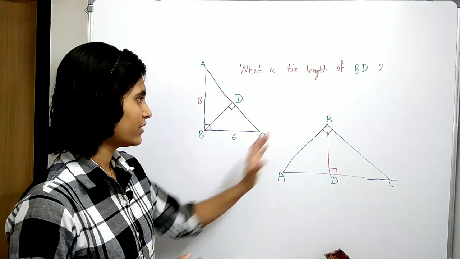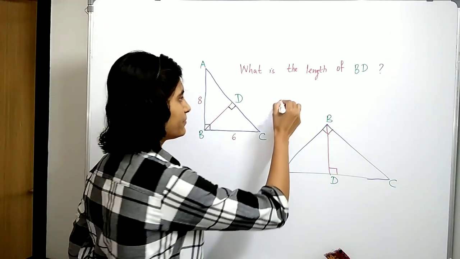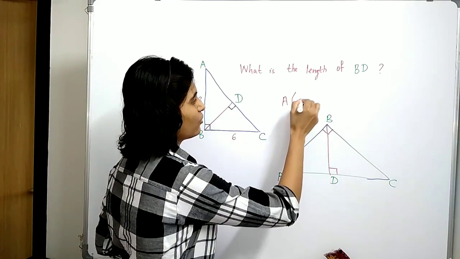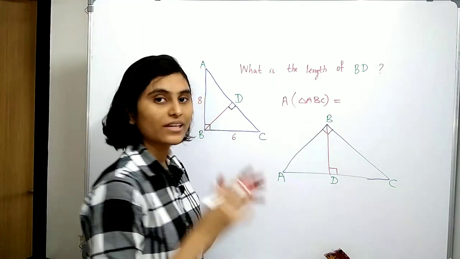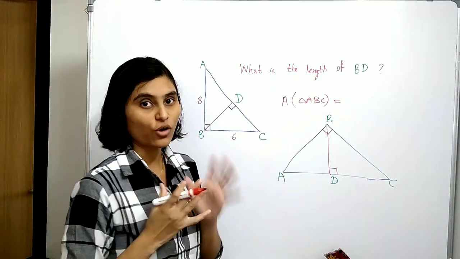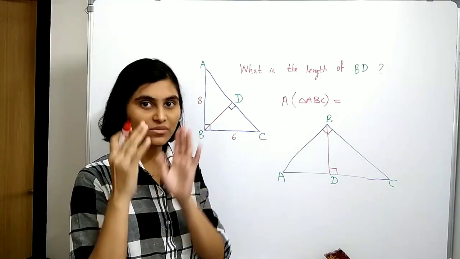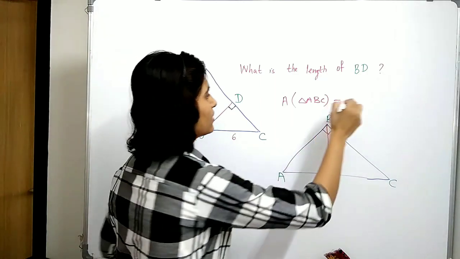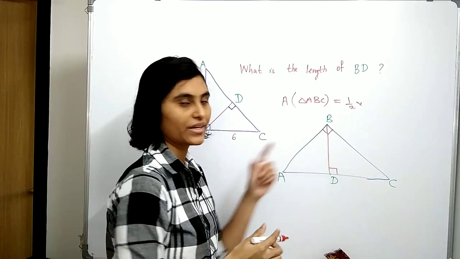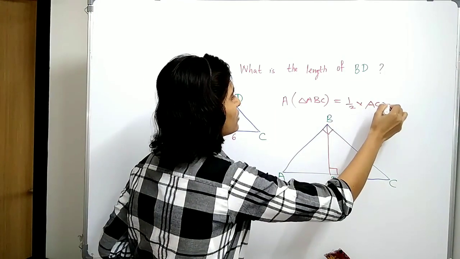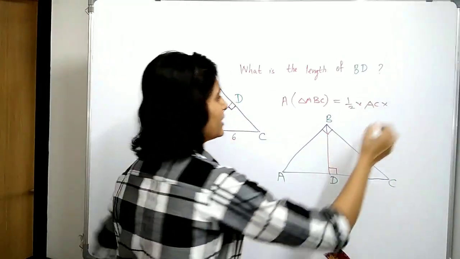Now area of this triangle ABC is equal to, what is the formula for area? It is half times base into height, right? So half times, what is the base? Base is AC, right? And what is the height? It is BD.